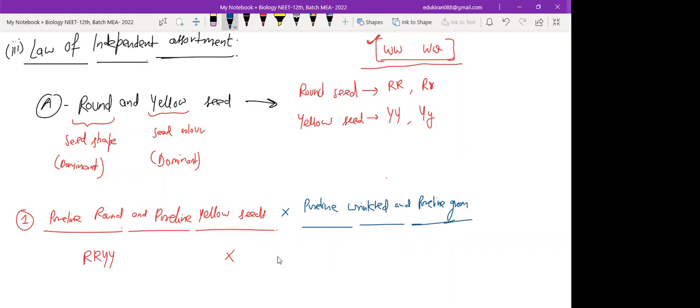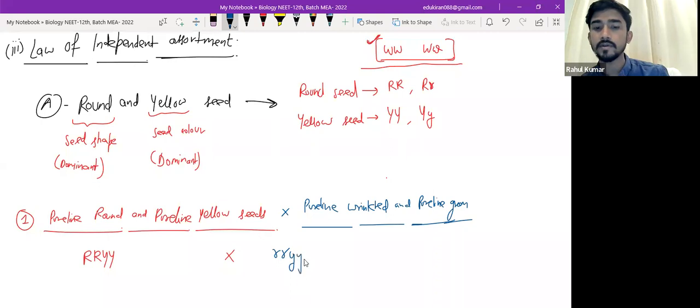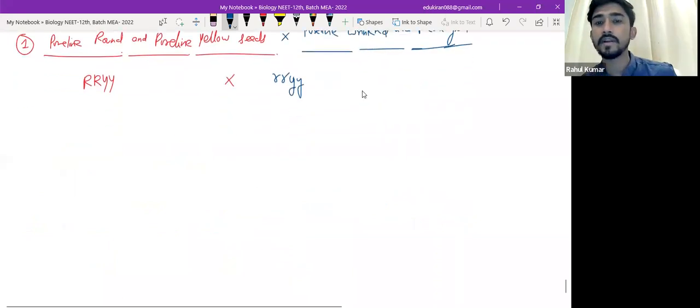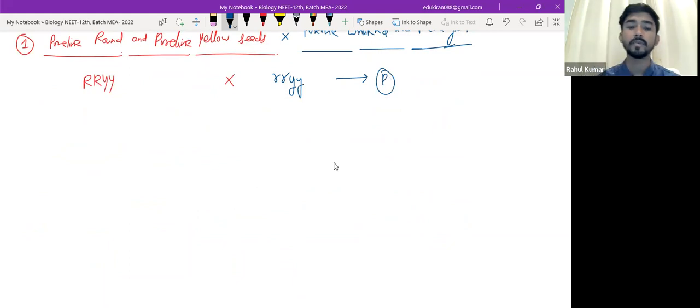Small r, small r, and small y, small y. You don't change the alphabet, right? So can anyone tell me, if this is the parent generation, how will the Punnett square be made now?